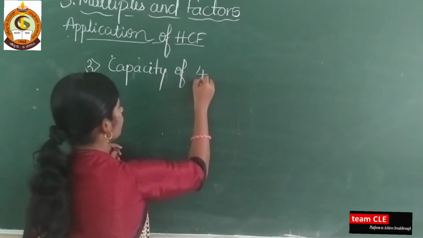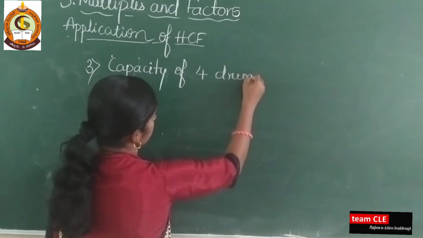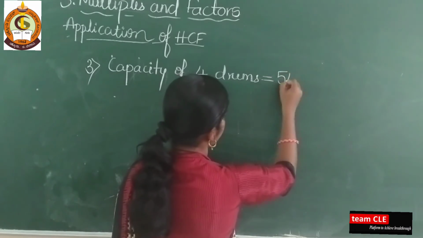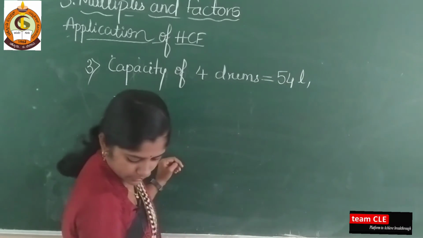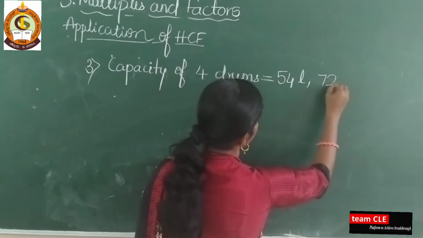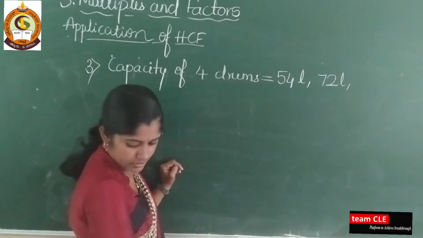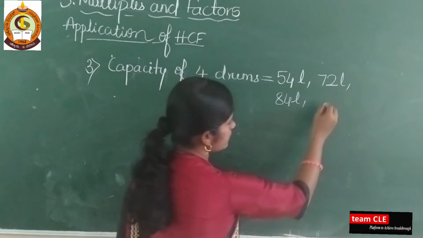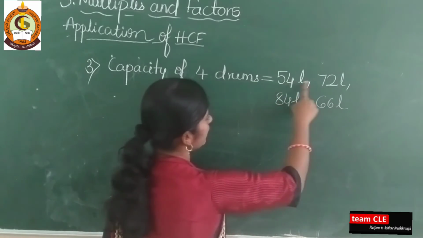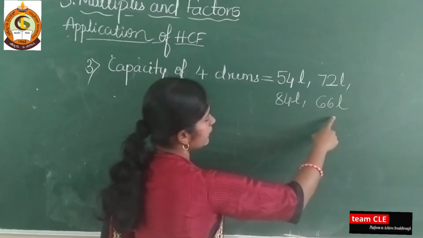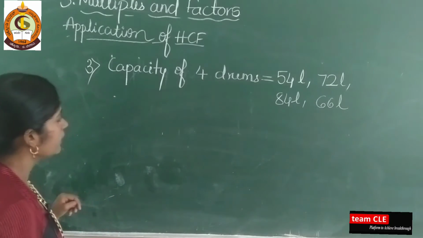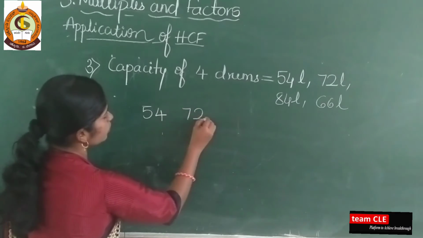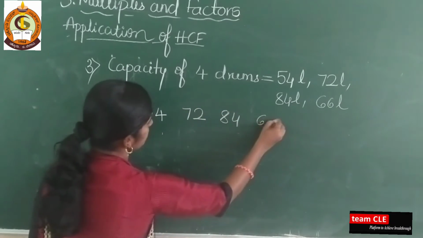Capacity of 4 drums: 54 liters, 72 liters, 84 liters, and one more, that is 66 liters. Okay, next we need to find the HCF of 54, 72, 84 and 66.